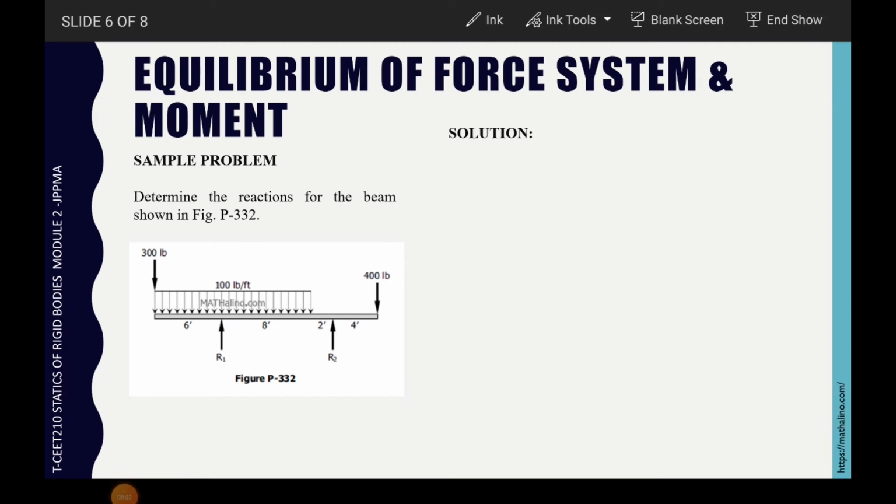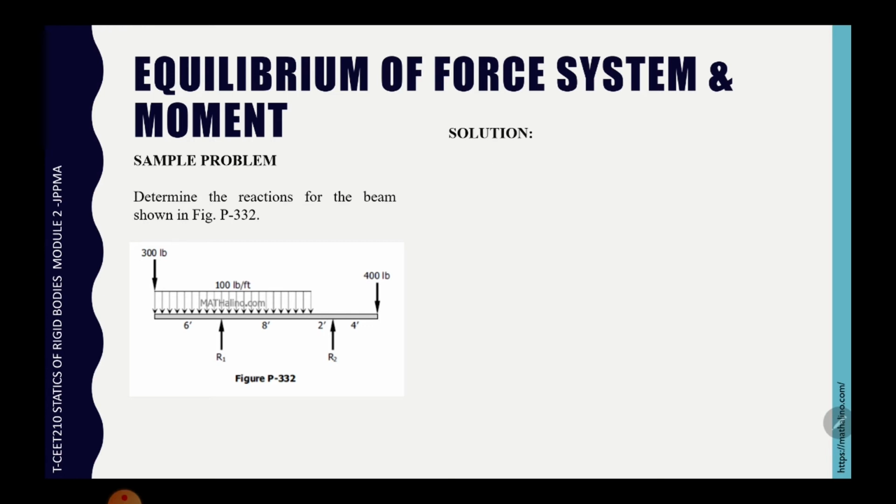And to continue, ayan, magsa-summation of moment naman tayo. Summation of moment, dun naman sa R1. Dito, yung point na to. So, eto, ganun pa din. 1,400, 7 to. 7 yung distance niya. So, equal to 0, positive tong clockwise and counterclockwise negative.